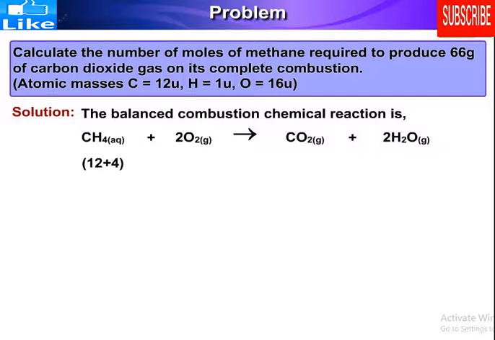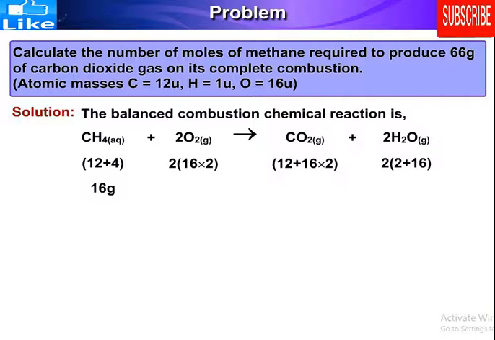12 plus 4 plus 2 multiplied by the bracket of 16 by 2 gives 12 plus 16 multiplied by 2 plus 2 into the bracket 2 plus 16.